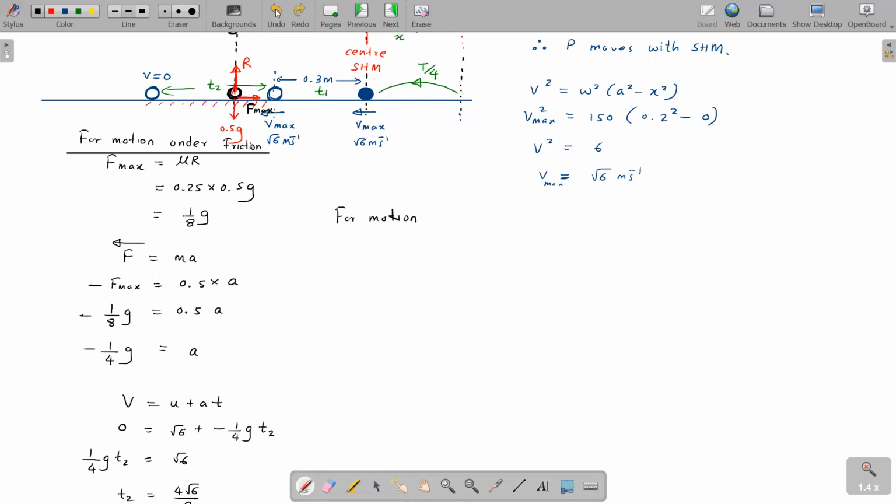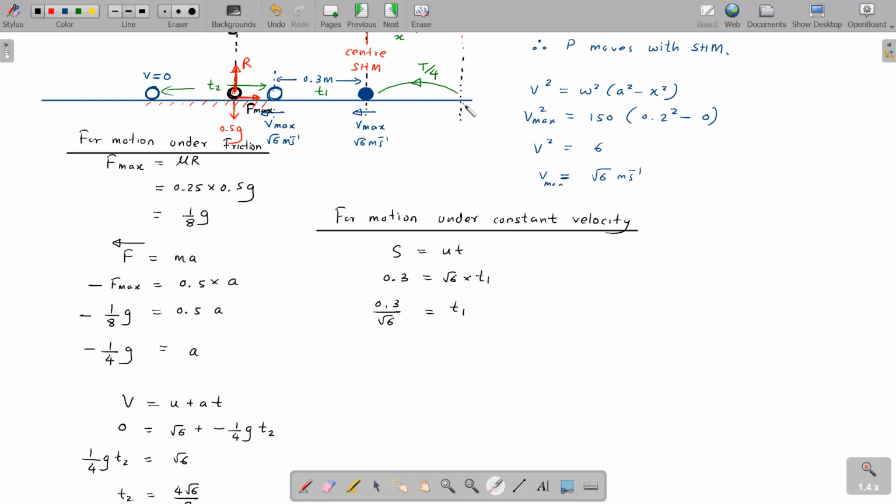For that we can apply s equals ut. So s is 0.3, u is root 6, since you move with root 6 speed, right? And time is T1. So 0.3 over root 6 is the time T1.